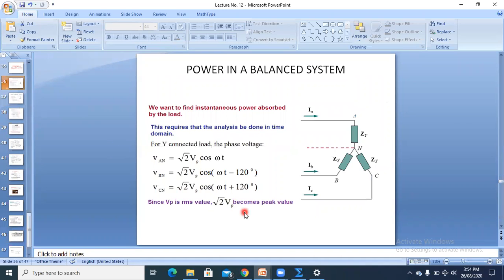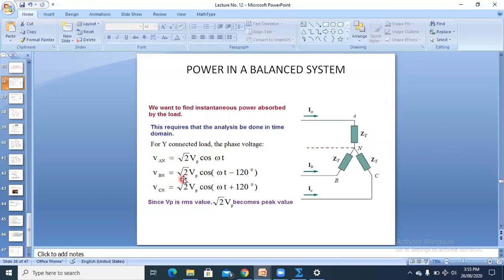So we consider a Y network, and in this Y network the phase voltage is √2 Vp cos ωt. Here we consider Vp as the RMS voltage, and to find the peak value, or the maximum value, we multiply it by √2.